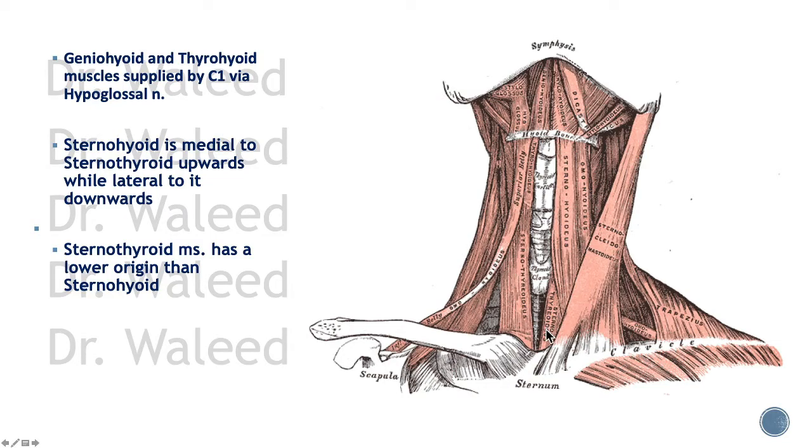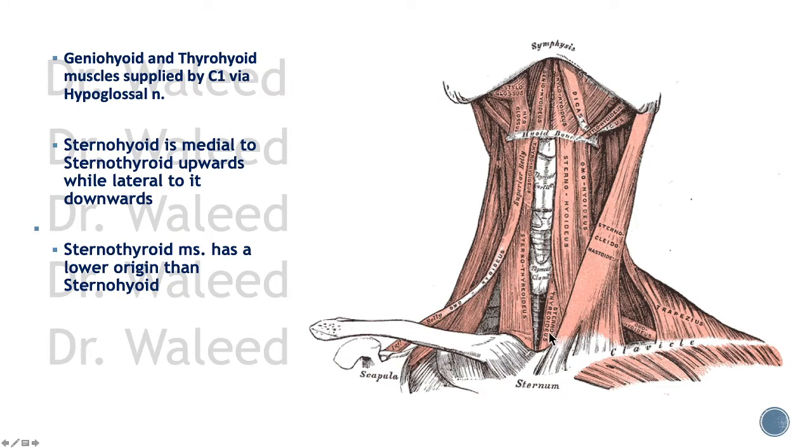See that? So the sternohyoids are more medial upwards than downwards, and downwards the sternothyroids are more medial. And the sternothyroids, which come out of the back of the manubrium sterni and go to the thyroid cartilage, are of a lower origin than the sternohyoid. You will find this question later.